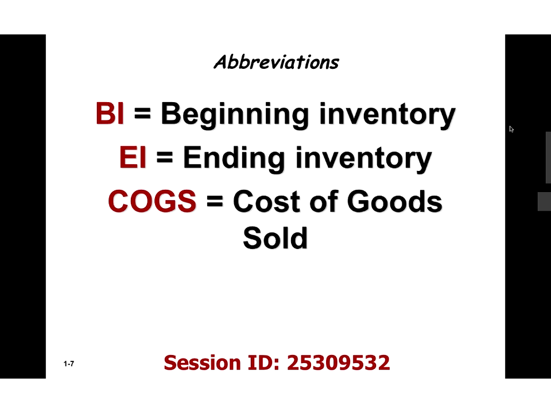Okay, we're going to use these abbreviations as we go in this chapter. Beginning inventory, ending inventory, cost of goods sold. So we're going to move on now, and we're going to get to the first example.